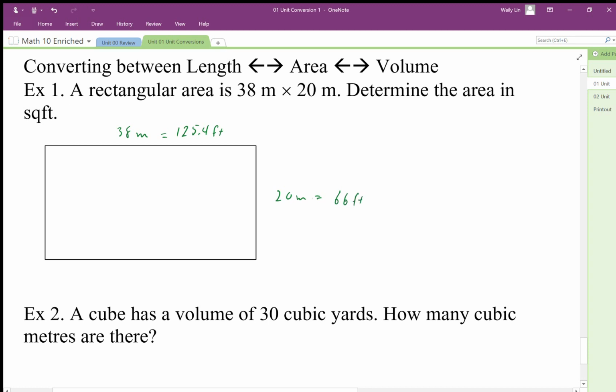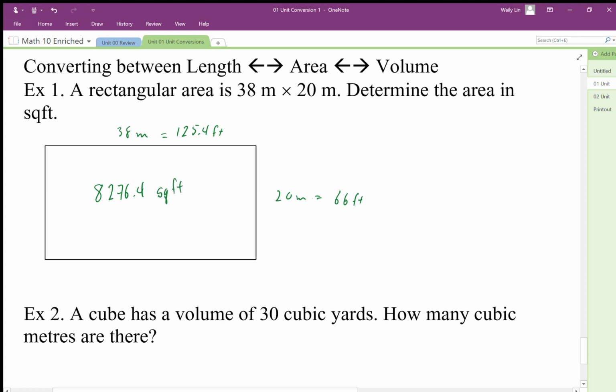Okay, and then using the feet values, I'm going to multiply feet times feet to give me square feet. So I multiply those together, and I end up with 8,276.4 square feet.